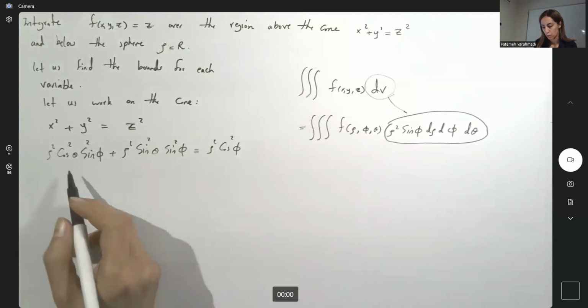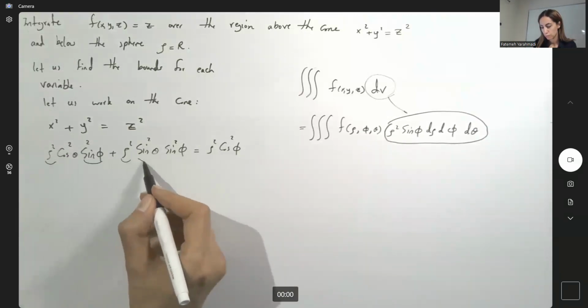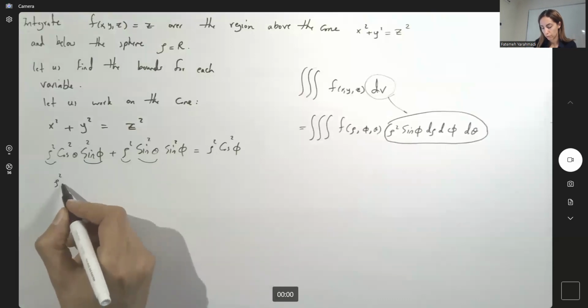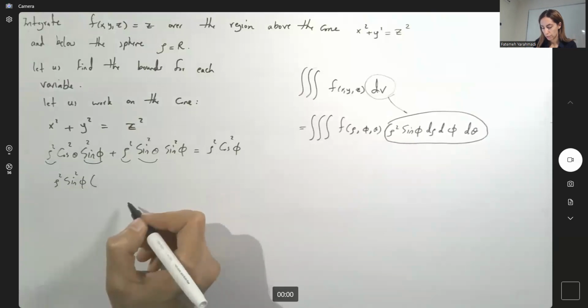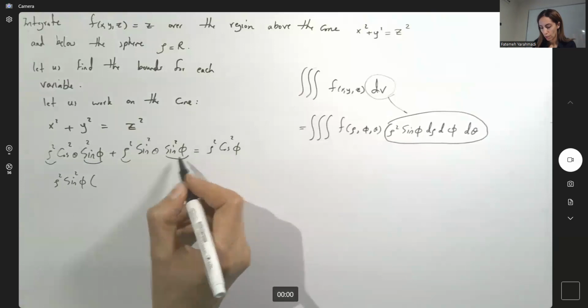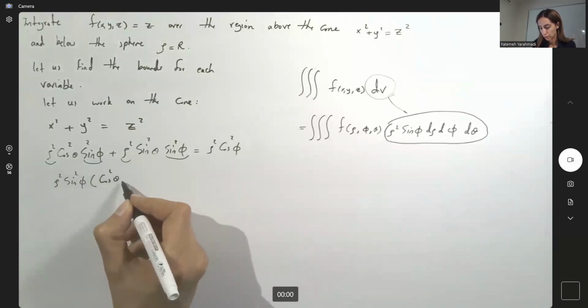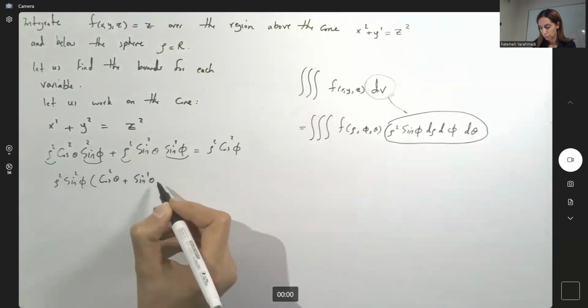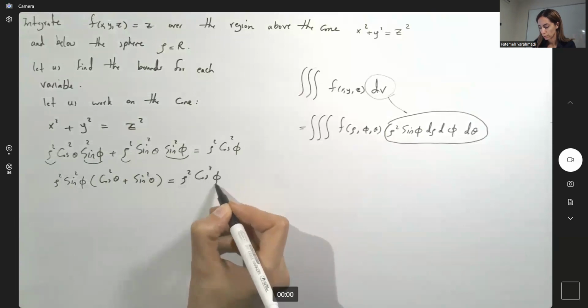Very good. So here I can factor out rho squared sine squared phi on the left, and I end up with cosine squared theta plus sine squared theta, which is basically 1. And on the other side, I have rho squared cosine squared phi.